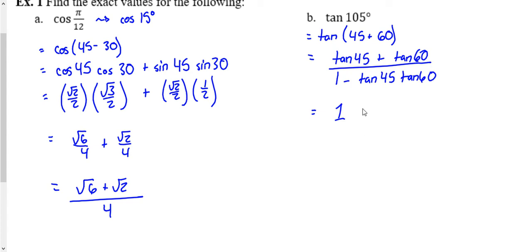Well, tan at 60 is the same thing as saying root 3 over 2 divided by 1 half, and I'm going to write this one out in full. That's tan 60. Below that, we have the 1 minus tan 45. Again, tan 45 is root 2 over 2 divided by root 2 over 2. This here is just 1.